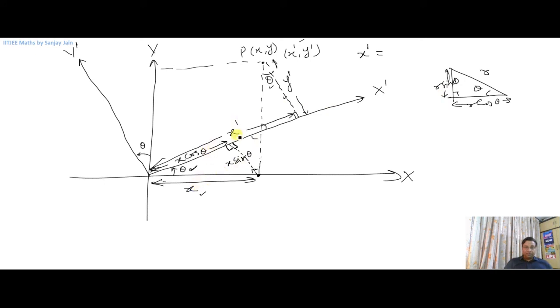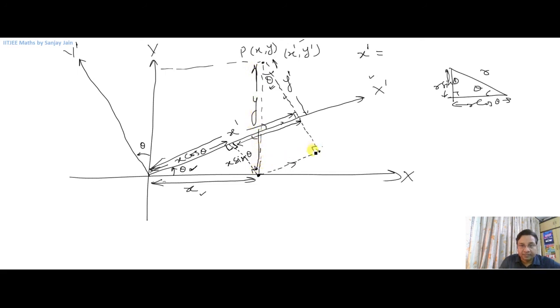So we know that this length is x cos theta. Now what about the remaining length up to here? This length. Now if I extend this line like this and draw a line parallel to x dash, this line is parallel to x dash, right? This angle is theta, this length is small y, right?